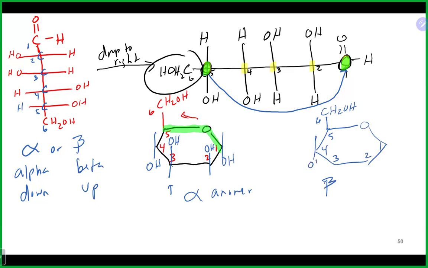So this would be OH that way, OH that way, OH that way, and if it was the beta, it would go up. They will ask you in the problem or tell you in the problem to draw the alpha or draw the beta, and that basically tells you where you put that very last OH group.